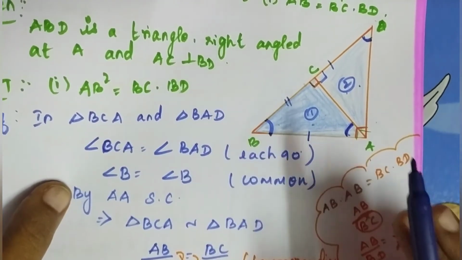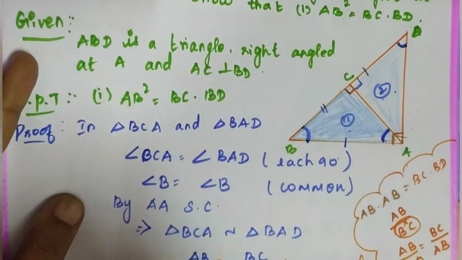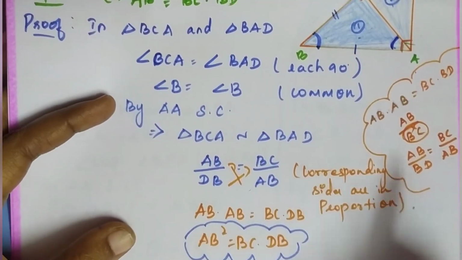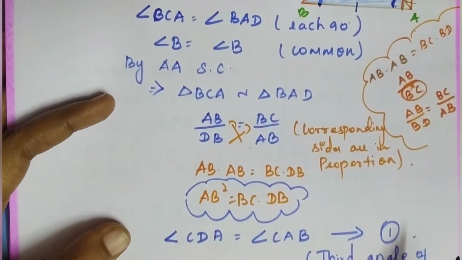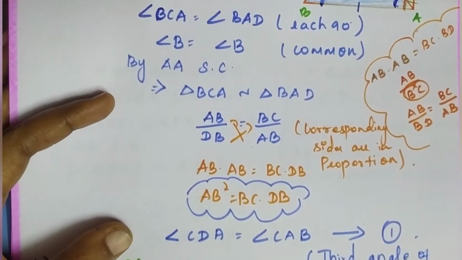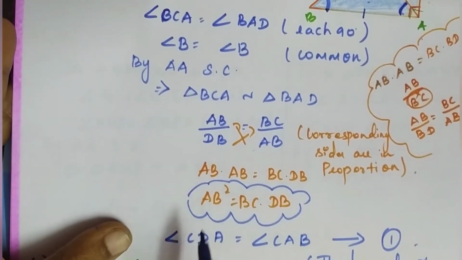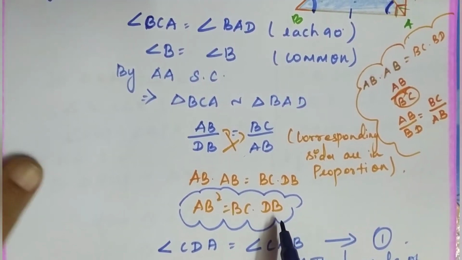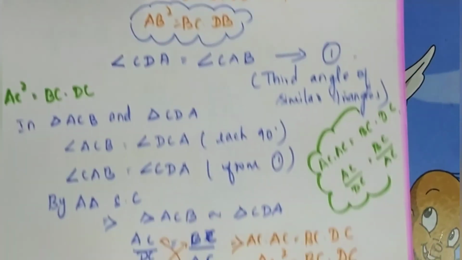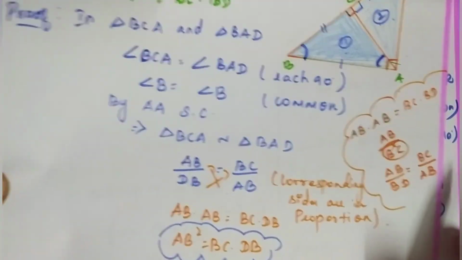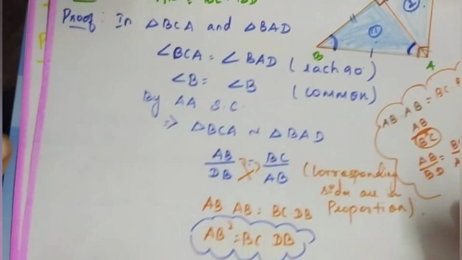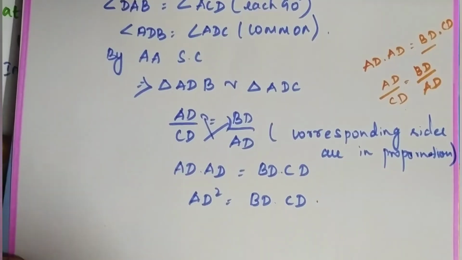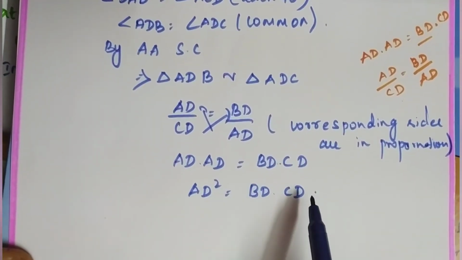Just we prove that the triangles are similar, and then you have to tell that the corresponding sides are in proportion, and then you can prove the thing. AB square is equal to BC into DB, and second one is AC square is equal to BC into DC, and third one is AD square is equal to BD into CD.